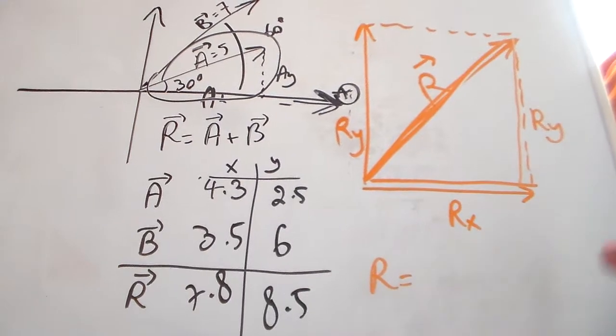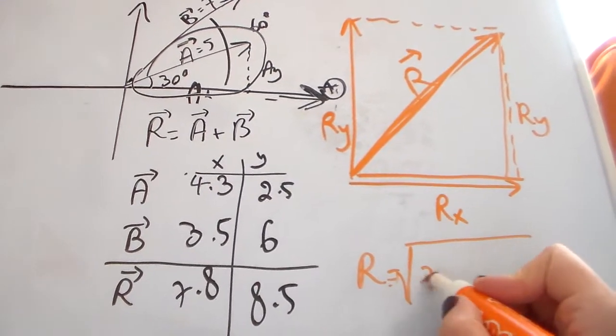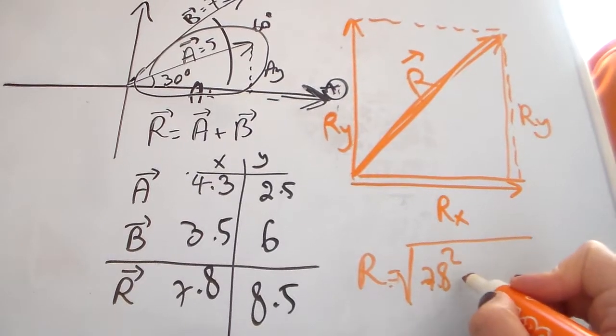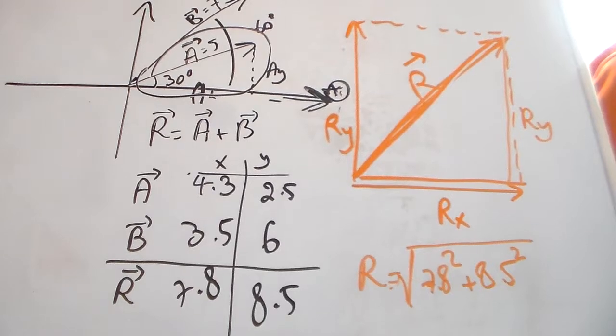So the magnitude of R is the square root of 7.8 squared plus 8.5 squared, and that gives you the answer for R. So let's do this. What was it? 7.8 squared plus 8.5 squared, and that gives us 11.5.